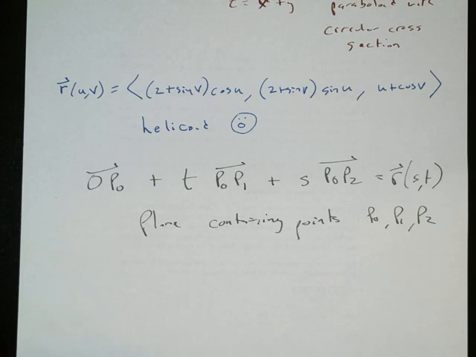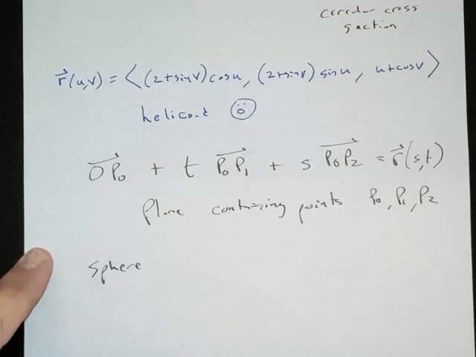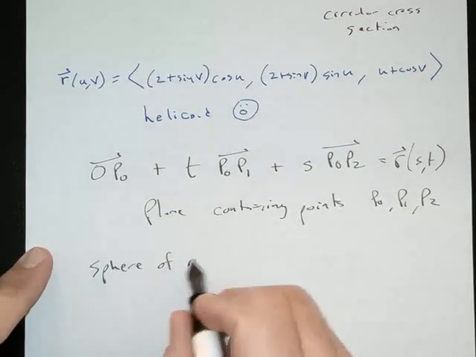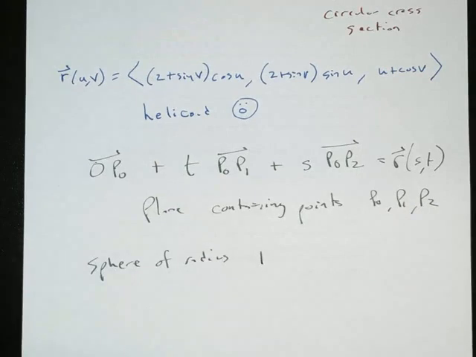A sphere. I'm going to be particular. Let's do a sphere of radius 1, the unit sphere. What is the equation for the sphere of radius 1? What's the equation for that sphere?